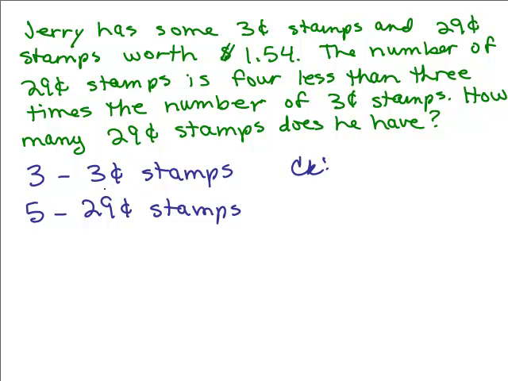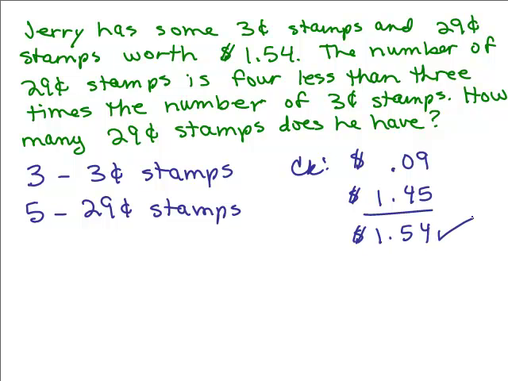So for the 3-cent stamps, 3 times 3, that would be 9 cents. That's how much the 3-cent stamps were worth. And then for 5 29-cent stamps, you have to do 5 times 29, which is $1.45. And then we add that up, and we get $1.54, which is what it was supposed to add up to. Yes, so that's correct.